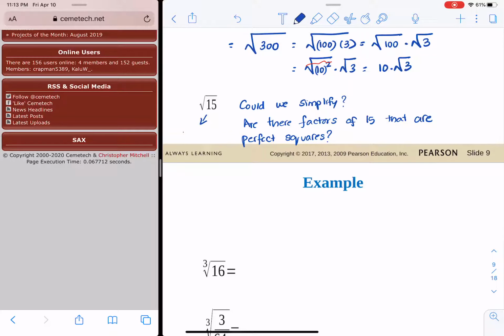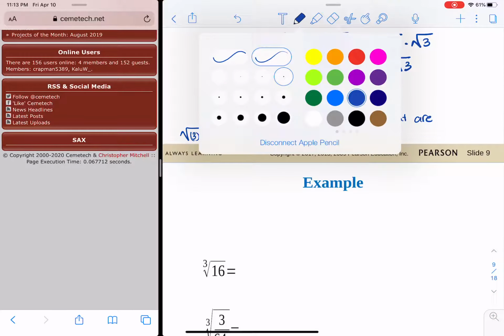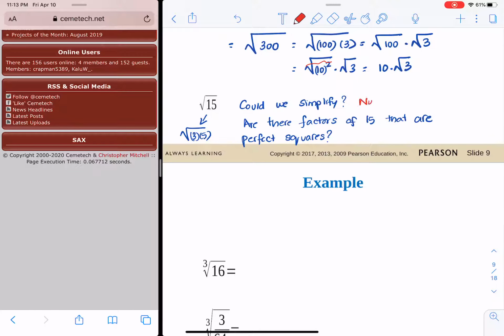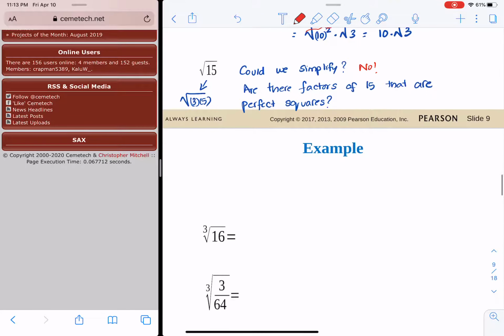So we can write it as 3 times 5, and neither 3 nor 5 are perfect squares, so we cannot simplify. So the answer here is no. That's the best we could do. We could leave it as is.